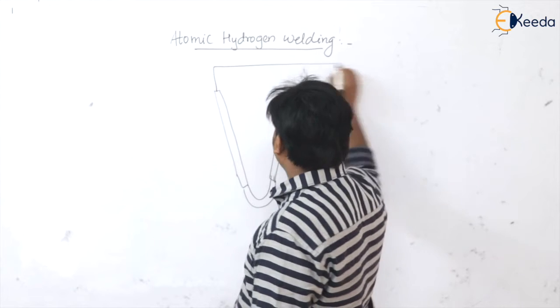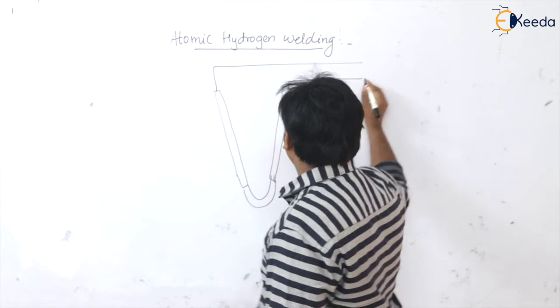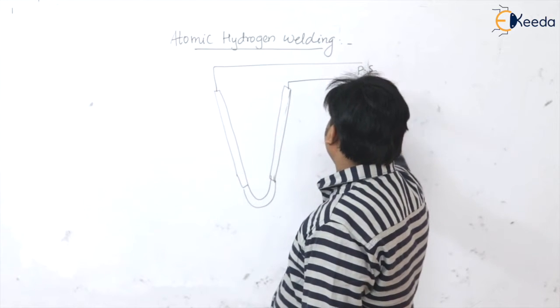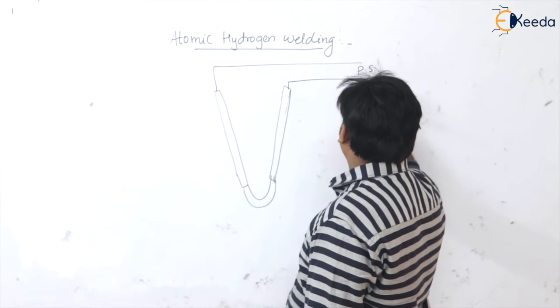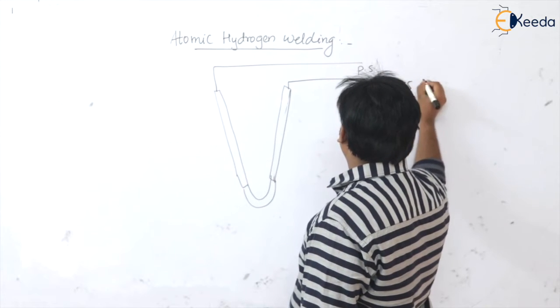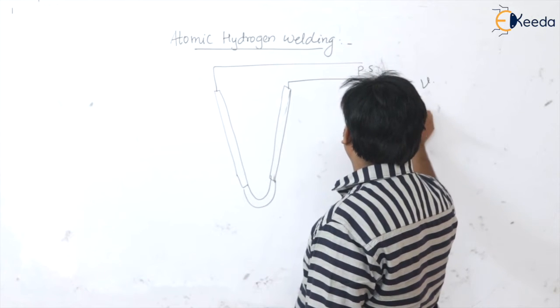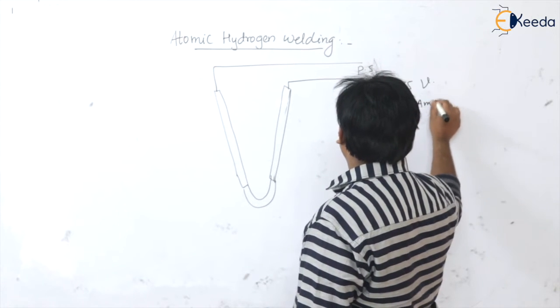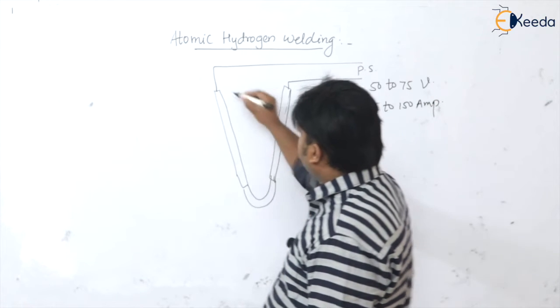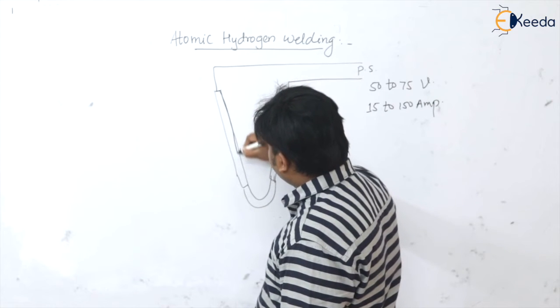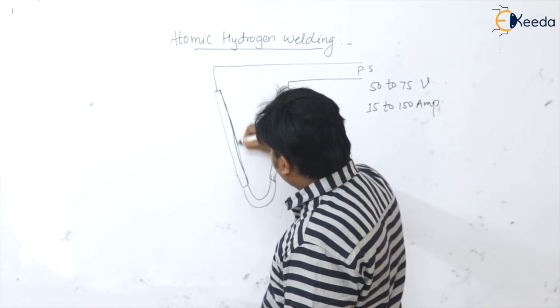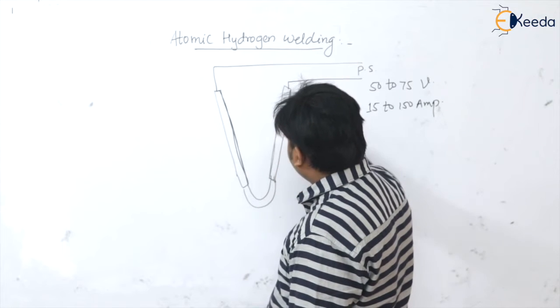Here the power supply is given, generally a voltage from 50 to 75 volts and a current ranging from 15 to 150 ampere. The tungsten electrode diameter can range from 1 to 5 millimeter.